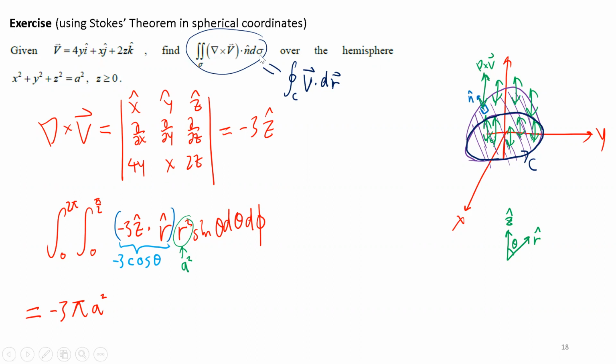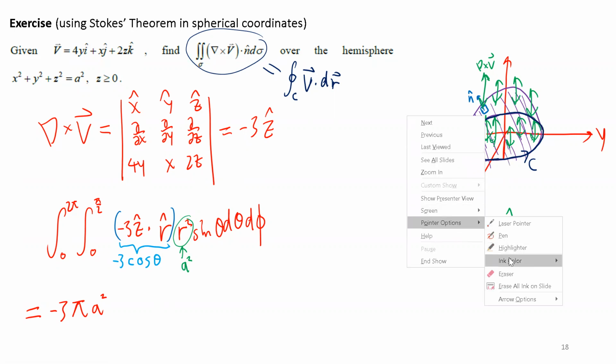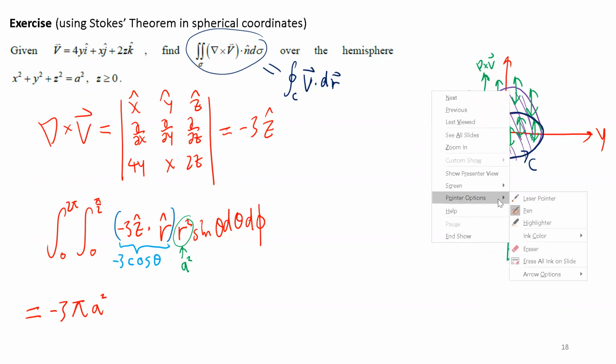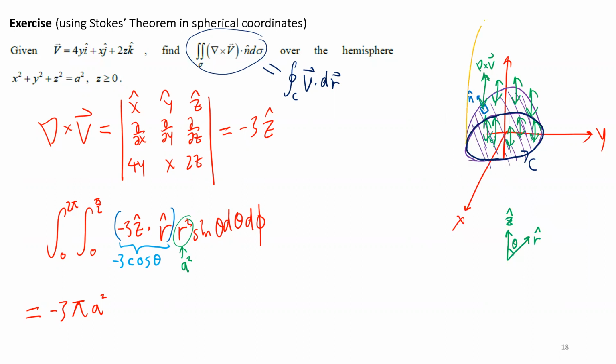And if you don't quite remember Stokes theorem, remember that the line integral over a closed path is equal to the double integral of the flux of curl of V over any surface enclosed by this C. So if I pick another surface like this, the boundary is still given by this C, so this is still the same.